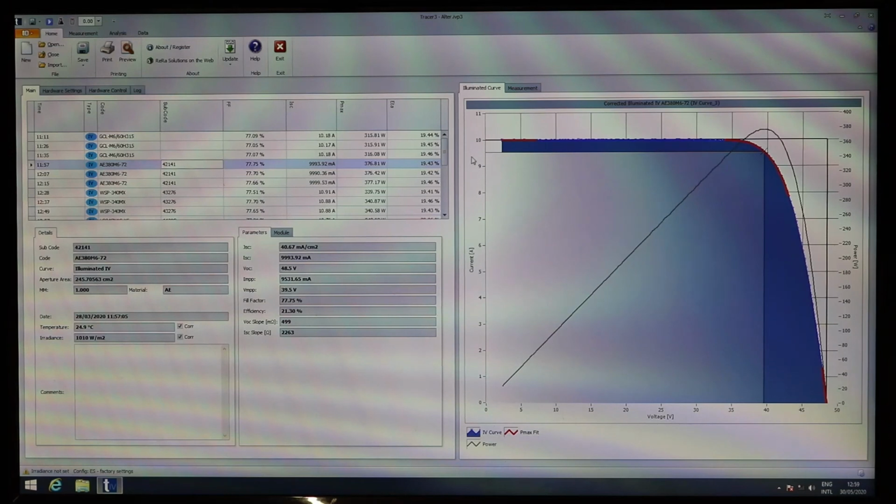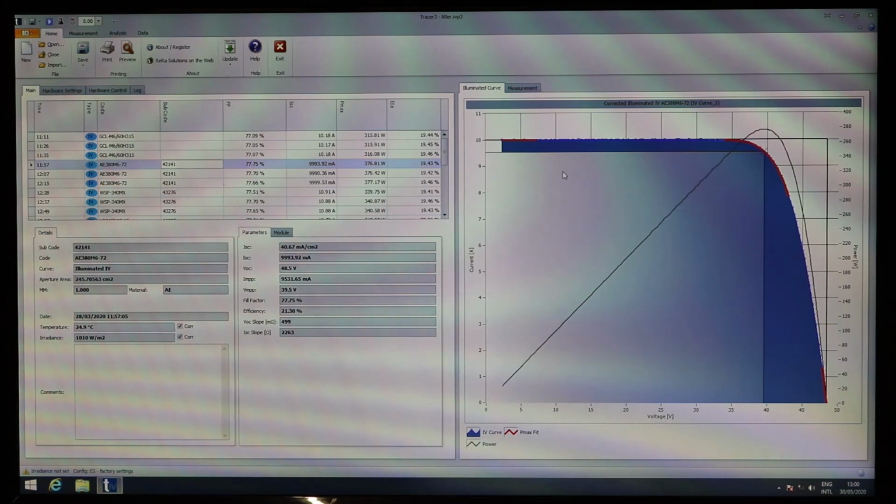You need to divide the area of this square, which is described by maximum power current and maximum power voltage, by the area of the rectangle, which is determined by the short circuit current and open circuit voltage. So this is one parameter.